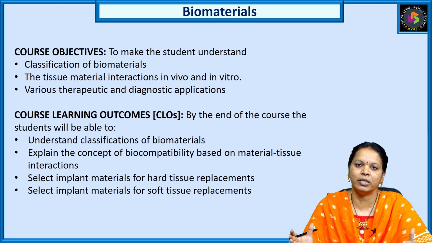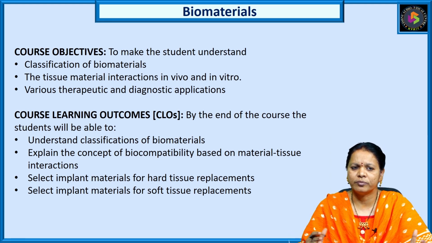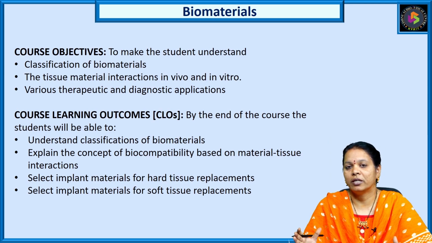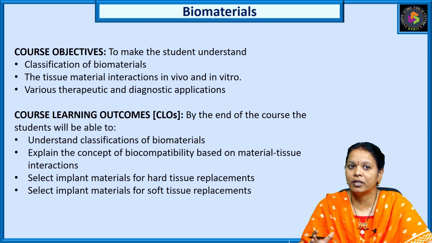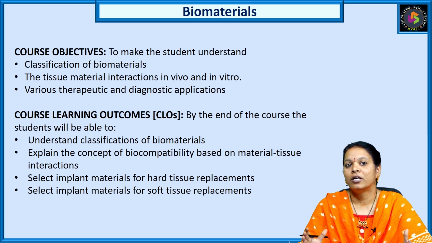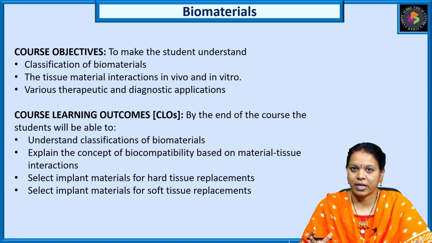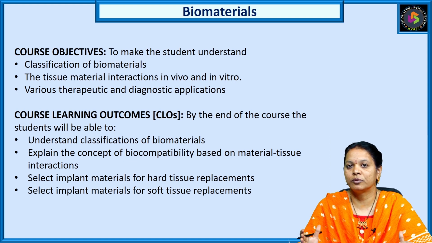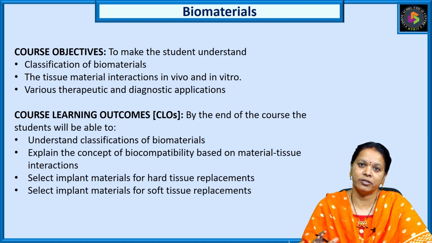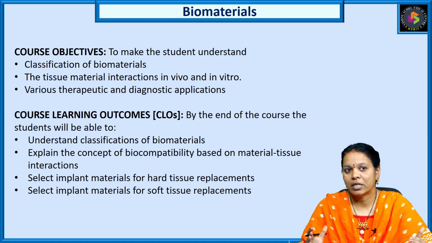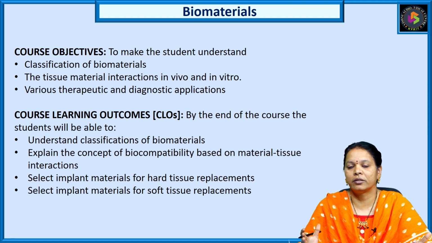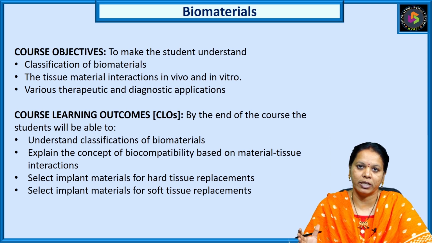Hard tissue would be bone and tooth, and all other soft tissues like organs, muscle, and skin would come under soft tissue. If a material is to be designed for soft tissue, what should its characteristics be, and if it is to be selected for a hard tissue replacement, how should its characteristics be? That will be assessed by the engineer, and thereby proper selection of the material can be made.